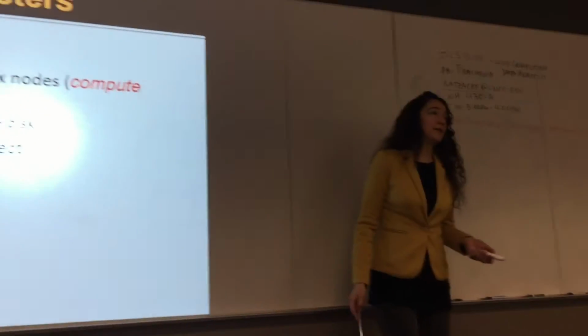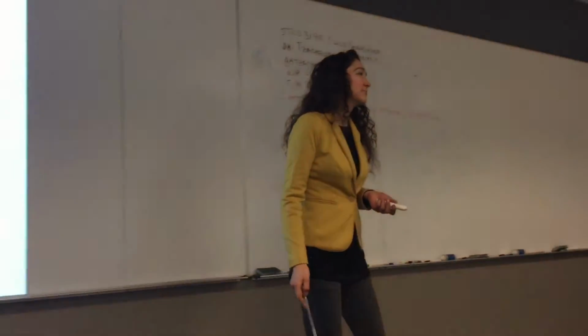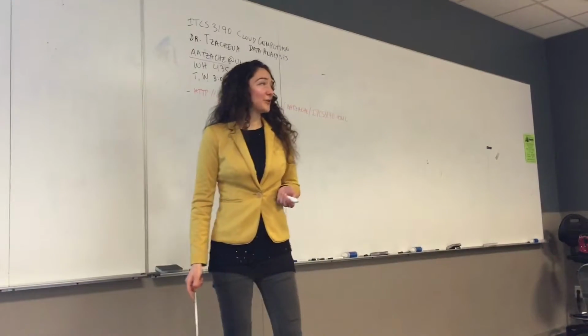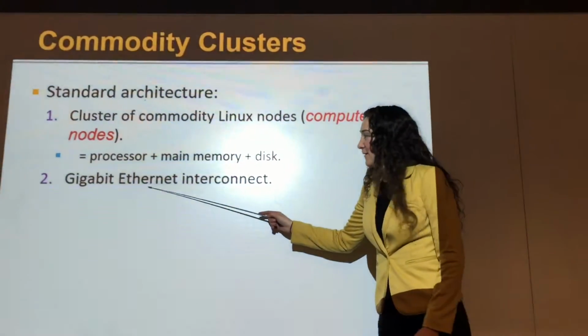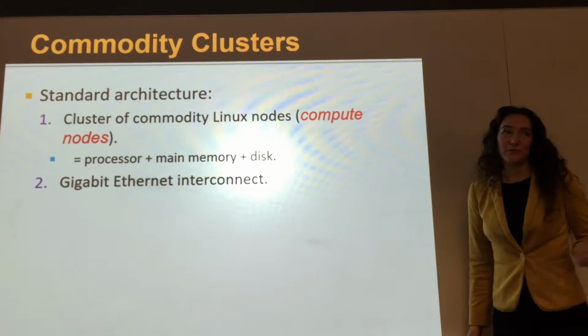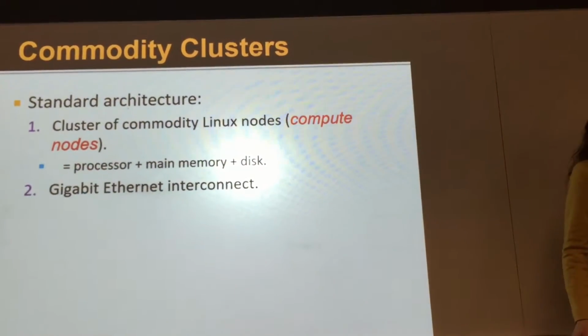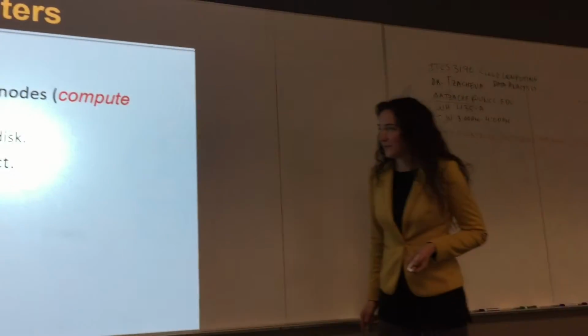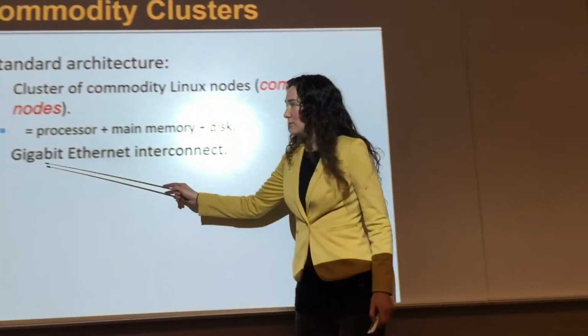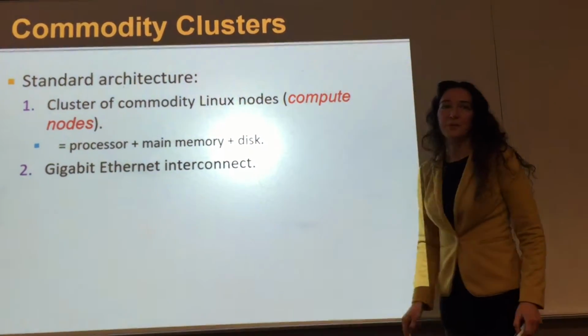How are they connected? They're connected with a network. Some of you have taken the networking course with me, and you already know what is gigabit Ethernet connection. Others of you don't know this, it's just a network connection. So connect computers through a network, and it can send 1 gigabit of data per second.